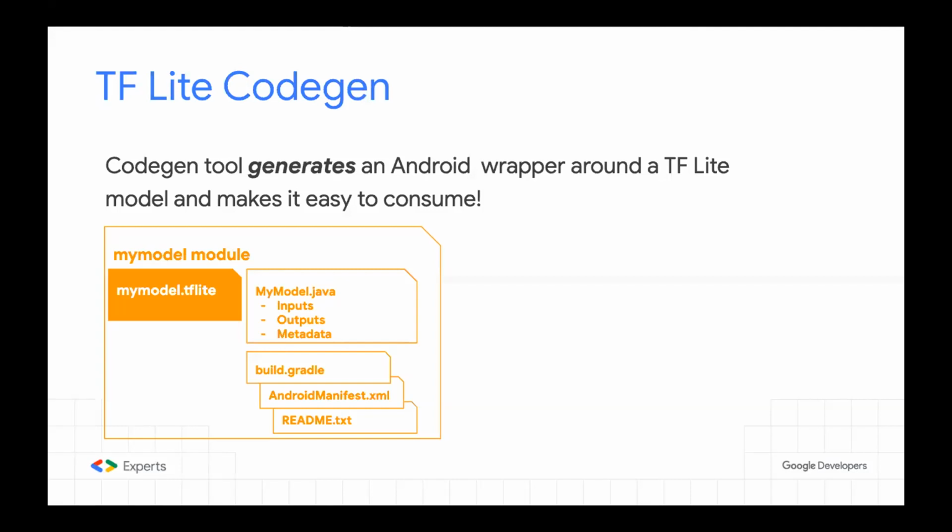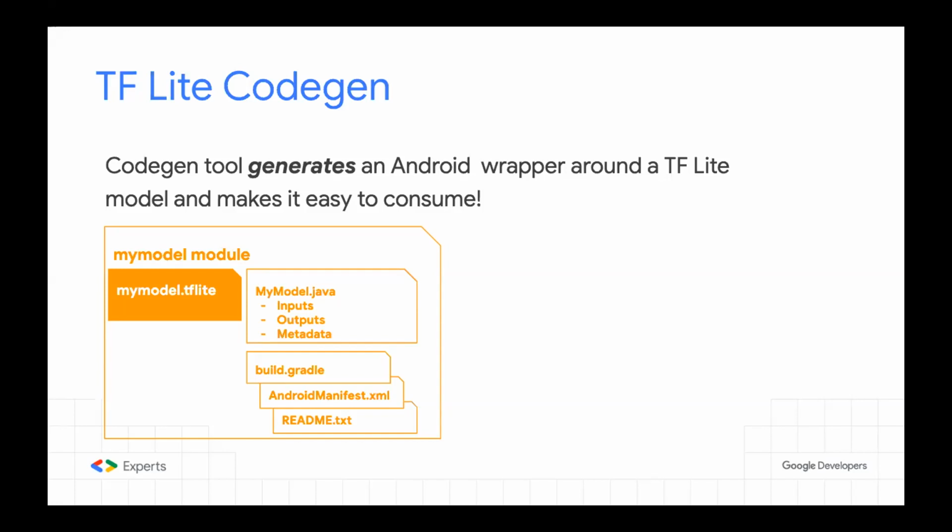So for the folks that are working in Android, here's a rough mobile application structure. If you are familiar with Android Studio, this might seem very familiar. So you put your mymodel.tflite, which is basically a TFLite model, in the assets folder, and you would also supply all the metadata that would be required in order to consume it using any wrapper class within your application.